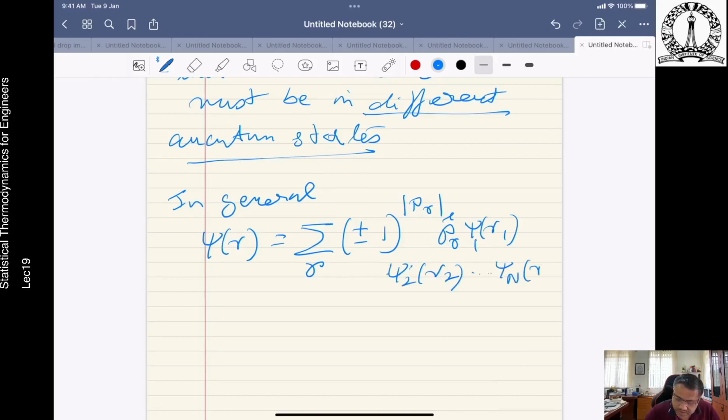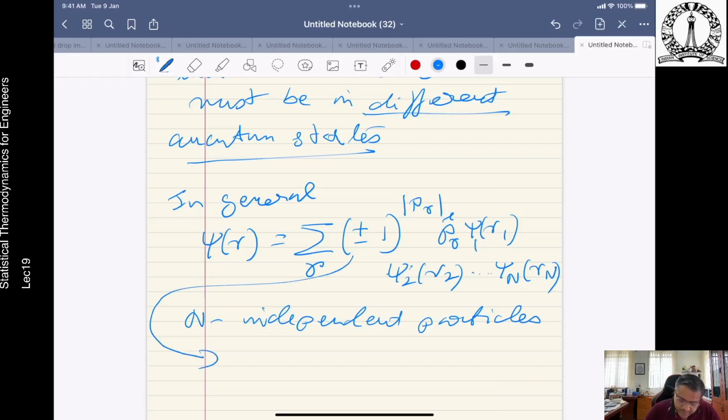So this is for independent particles, where the positive and negative signs are invoked respectively for the symmetric and anti-symmetric wave functions.